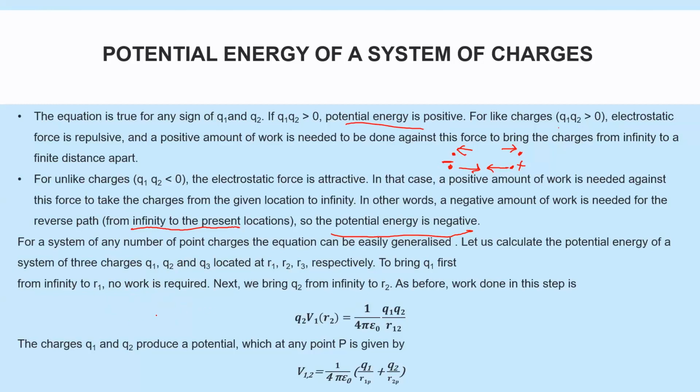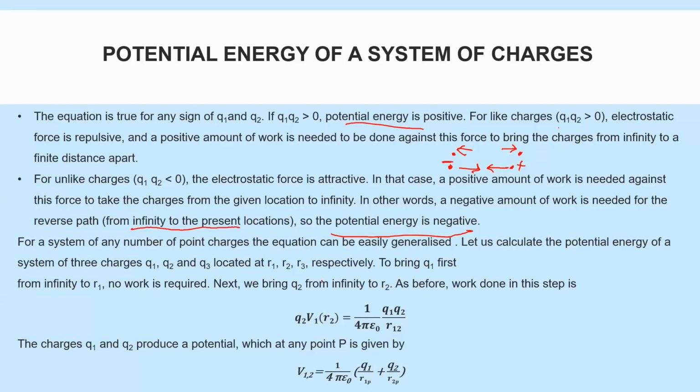We saw this before. Now if we are bringing Q2 from infinity to R2, the work that is going to be done is the product of the charge being brought, Q2, multiplied by the potential already there at the point because of the charge Q1 which has been brought before. So it is going to be Q1 Q2 upon R12.